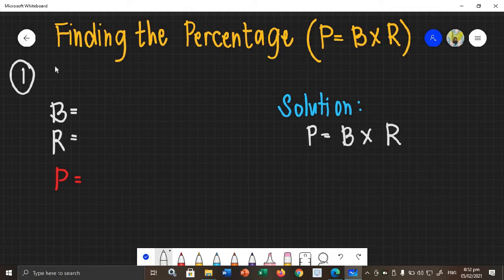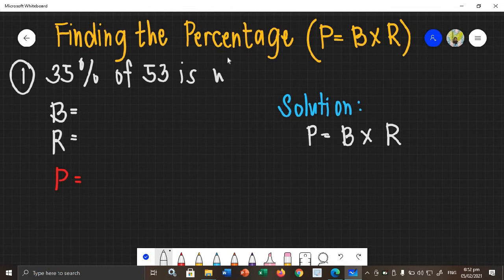So let's say we have 35% of 53 is what? Okay, so 35% is your rate, definitely. So if we make it in decimal form, move mo lang yung decimal point 2 places to the left side.